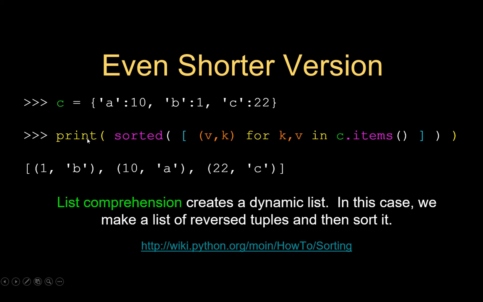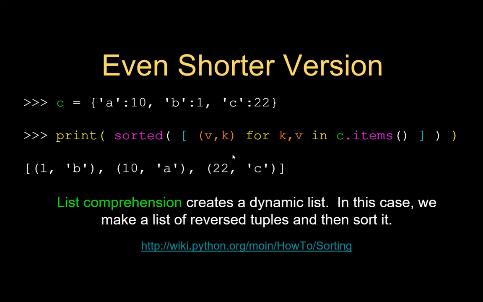We're going to print and apply the sort function to here. In this square bracket, this is going to be a list of our tuples. So v and k, value and key, is going to be the list of our tuples, which is a dynamic list of tuples.